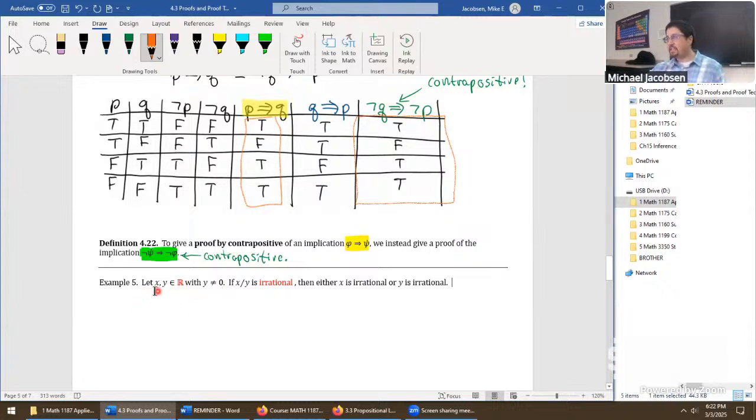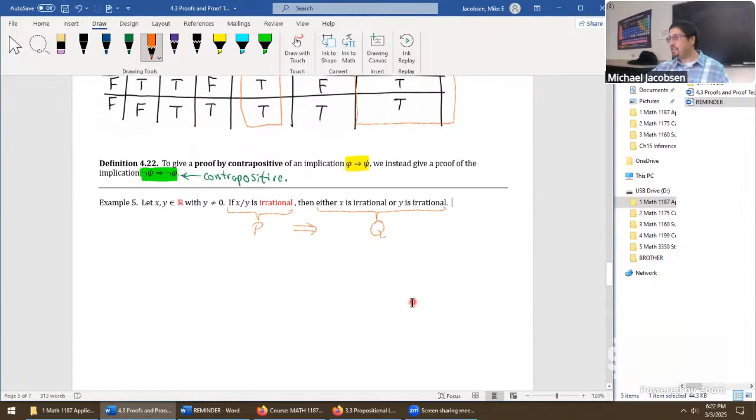This part right here establishes the universe that our x's and y's come from: real numbers, with y being non-zero. But when it goes if then, that's really just an if p then q type statement. So let's think of this part right here as the p, that either x or y irrational is going to be the q, and this is p implies q, the original direct statement.